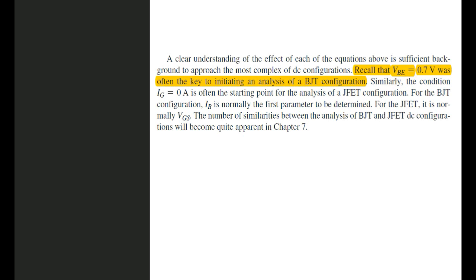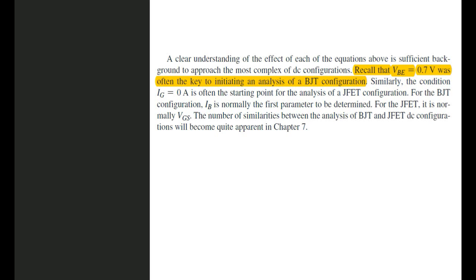For BJT configurations, IB is normally the first parameter to be determined. As you know, we have discussed many types of configuration, common emitter, common base, and so on, and the first thing we determine in those configurations is IB, the base current. If we find the base current, we can find all other parameters.